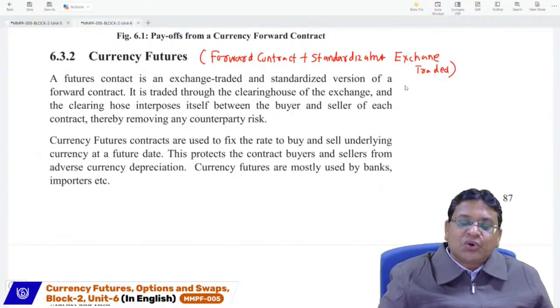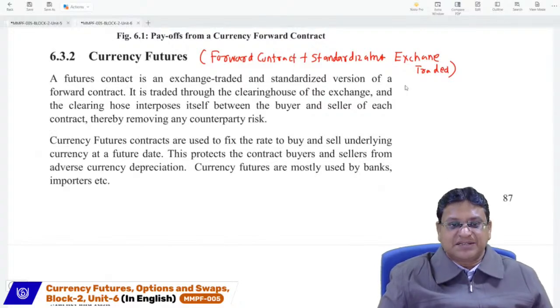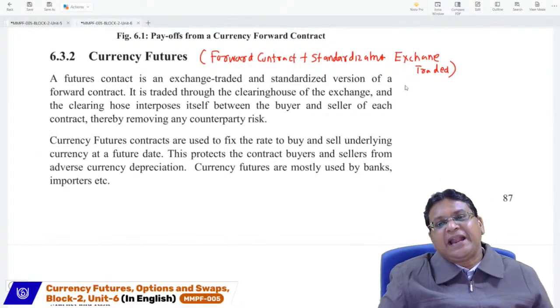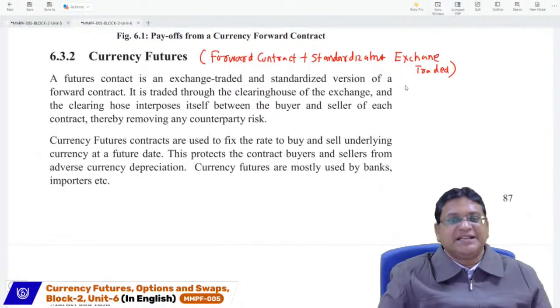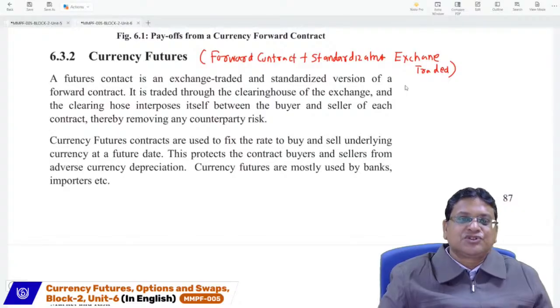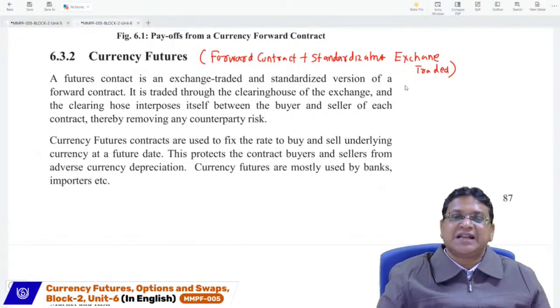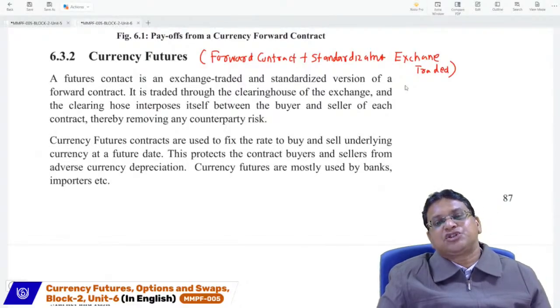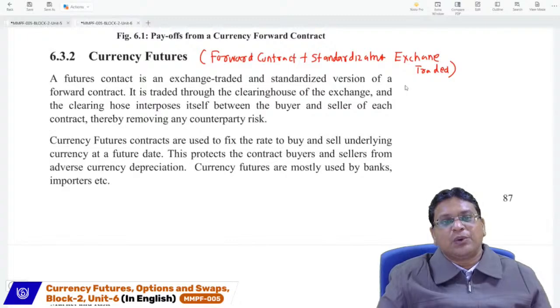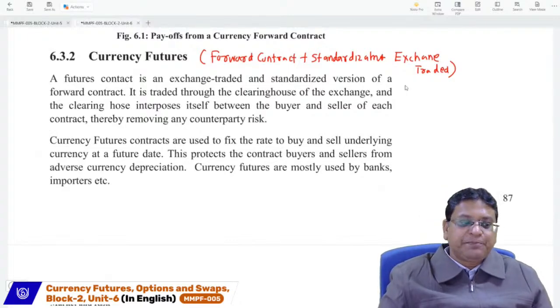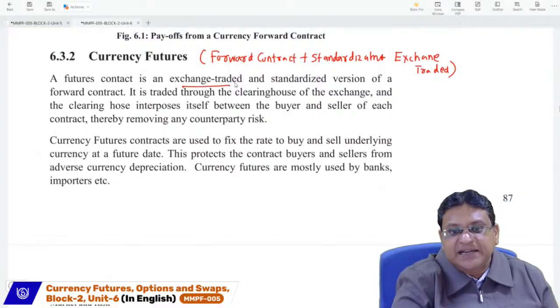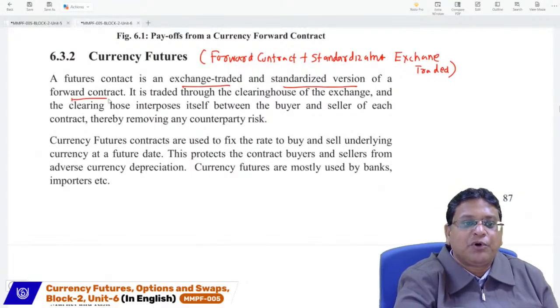That means futures contracts are standardized forward contracts purchased and sold in a recognized exchange. So the main point of difference is that all futures contracts are forward contracts, but all forward contracts are not futures contracts. A futures contract is an exchange traded standardized version of a forward contract.